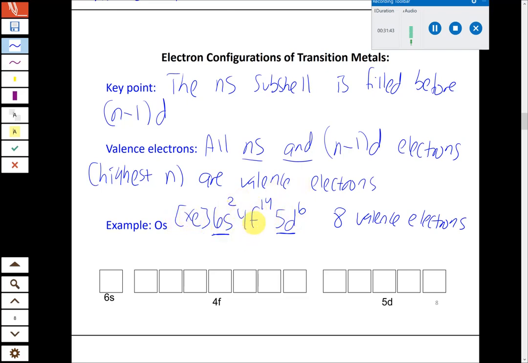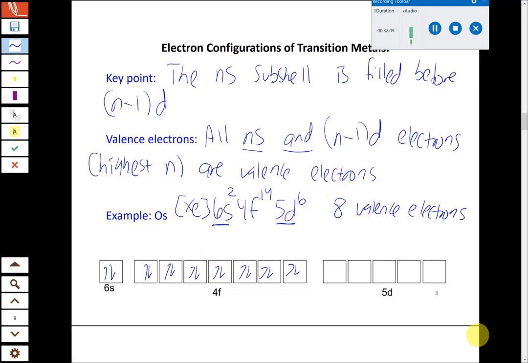And then to fill out this configuration, we have a filled 6s, so we're going to put 2 electrons there. For 4f14, we would fill as 1, 2, 3, 4, 5, 6, 7, 8, 9, 10, 11, 12, 13, 14. Again, they're all filled as we said. So all the electrons are paired in there. And then when we go to 5d, we have 6 electrons, so we have to make sure that we follow Hund's rule to maximize the number of unpaired electrons.